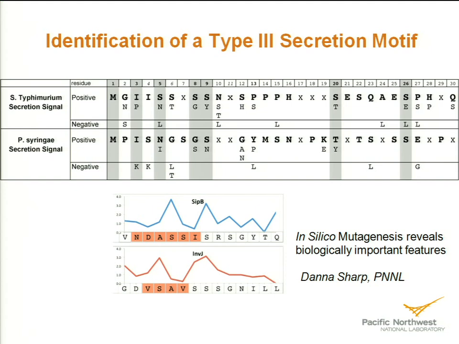I should note, I say motif here, but this is in no way the kind of conserved motif that you would think about. None of the effector secretion signals actually look like these consensus signals. We're actually trying to use this to test whether or not we can create a consensus signal out of this that will actually be secreted.